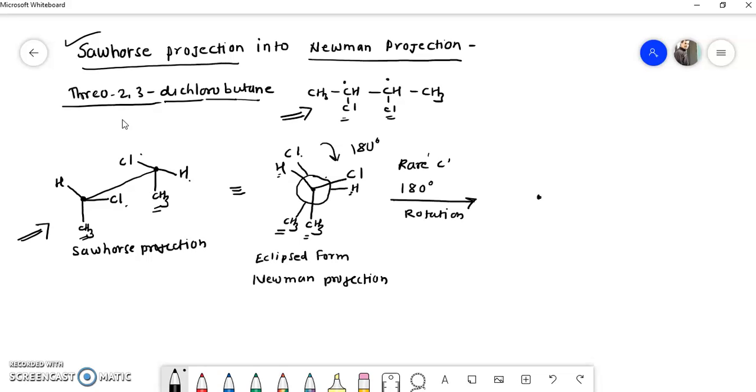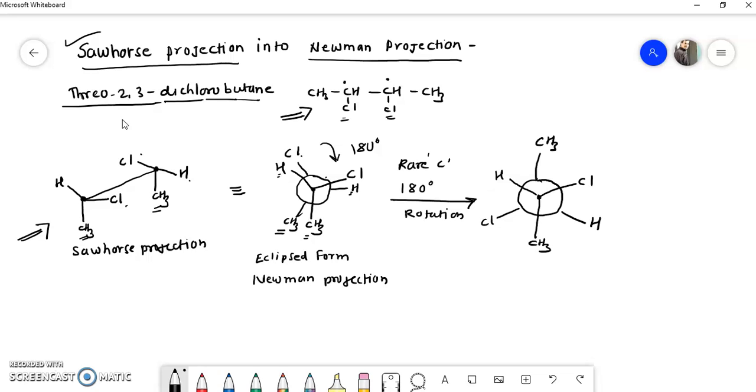Okay, so I will draw here a dot, that is the front carbon, and a circle, that is the rear carbon. So the dot, that means the front carbon, will have the same position of atoms because it is not rotated, it is fixed. But now the rear carbon has been rotated by 180 degrees, so this group will come here exactly opposite to the CH3 group. This chlorine will come here and hydrogen will come here.